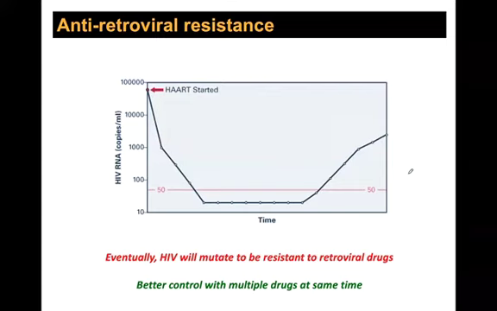Multiple drugs can control this for long periods of time, presumably for the rest of your lifetime, but they're not available to most people in the world, including those in sub-Saharan Africa. And they're hard to distribute there, and they're very costly. So it's not a solution for everybody, but it does work fairly well in Western countries that have access to this.